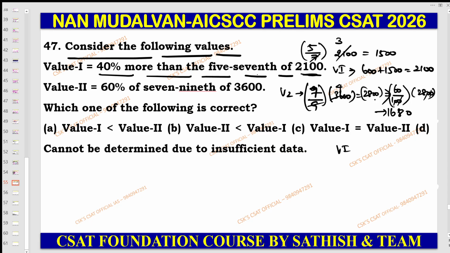You can see value 1 is greater than value 2, or value 2 is lesser than value 1. Any one is possible. Value 2 is lesser than value 1. B is the correct answer.